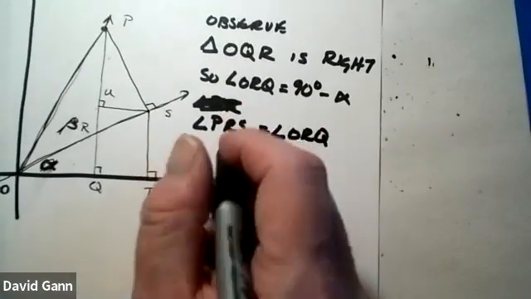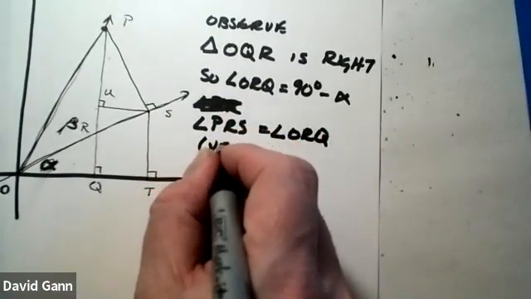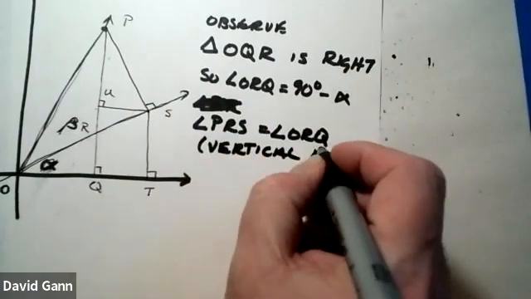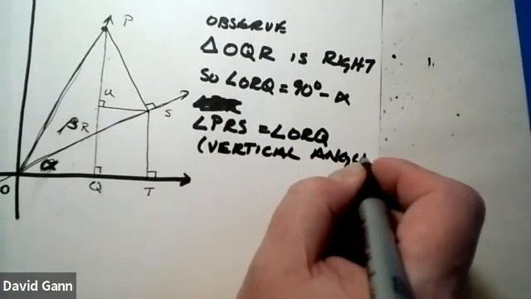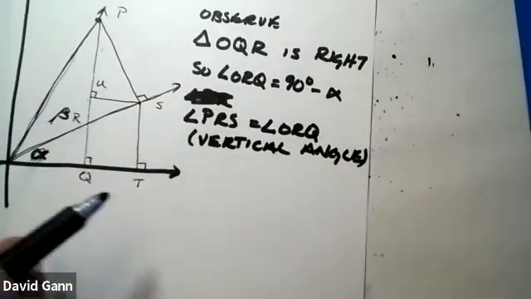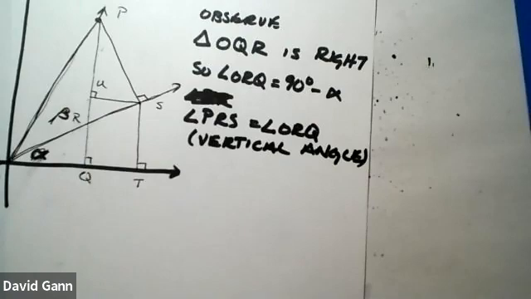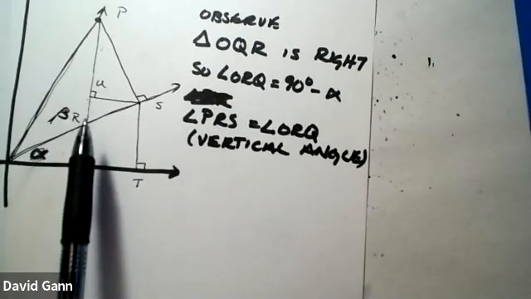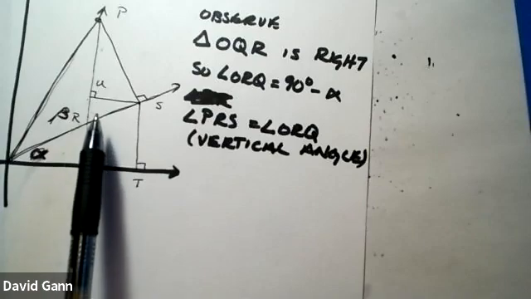Okay, and I could say because vertical angles or something along that line. Now, that tells you that this angle here is the complement of alpha as well. So complement of alpha, complement of alpha.